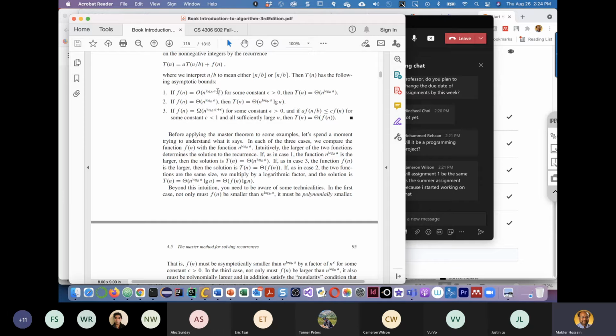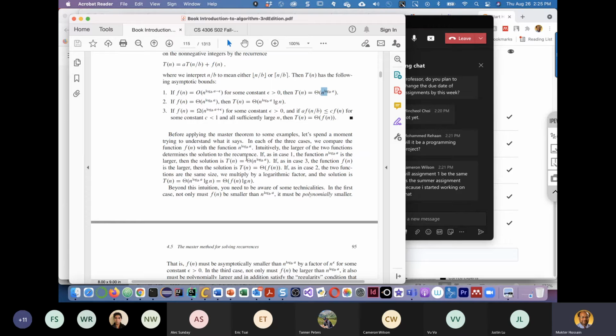Unless we subtract this epsilon, this part is larger. So in that case, our T(n) value is the larger one.